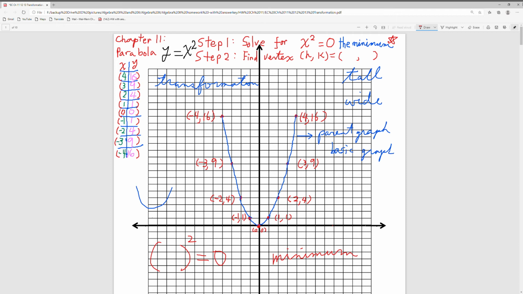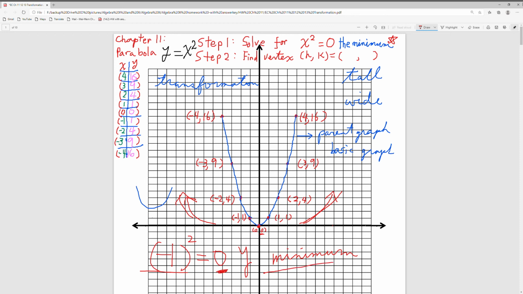Why? Because on the right-hand side of the vertex, the graph keeps going up, and on the left-hand side, it also keeps going up. The minimum value for the perfect square is 0. If you have 1 inside the perfect square, it's greater than 0. If you have -1 inside, it's also greater than 0. So nothing is below 0.